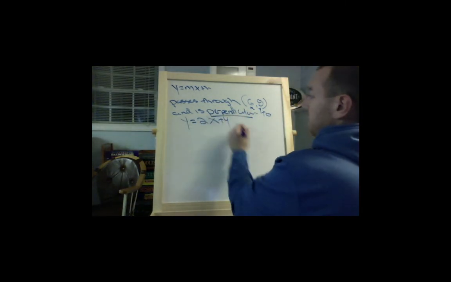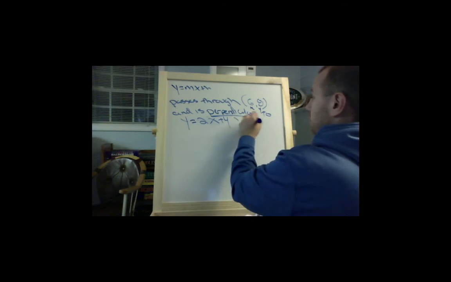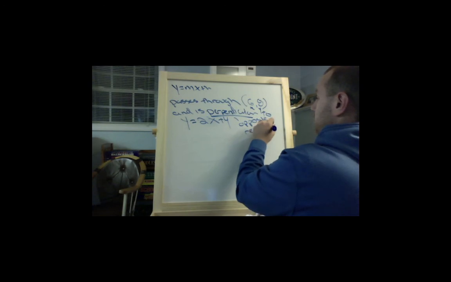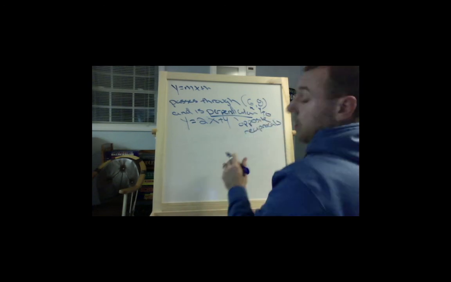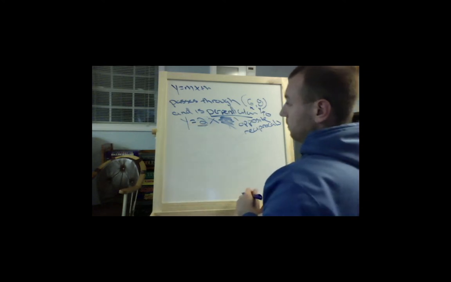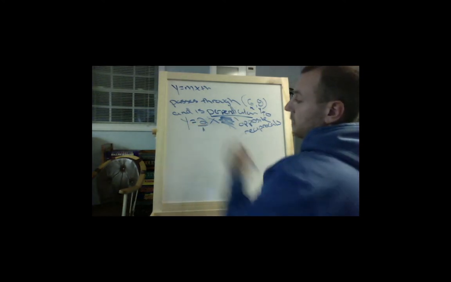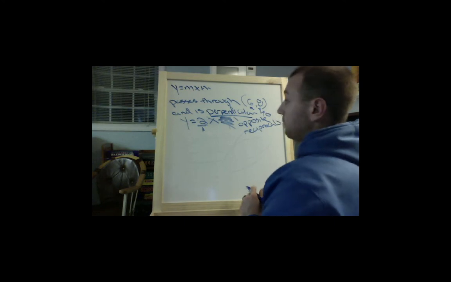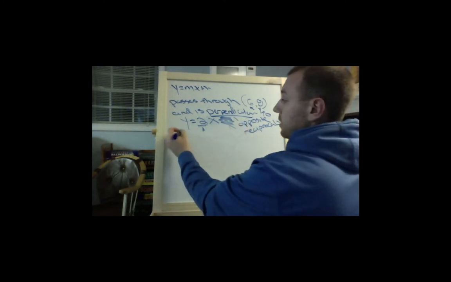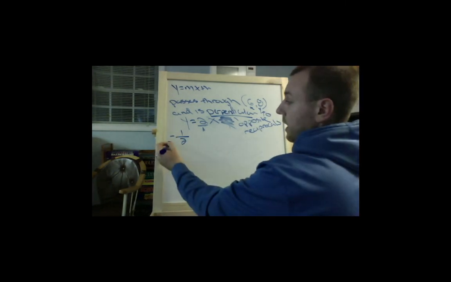Well, perpendicular means opposite reciprocals. Again, I ignore this. I don't care about that b. I only care about this 2. This 2 is really 2 over 1. We usually don't write it. We want the opposite reciprocal of it. So that's going to be 1 over 2, negative. So that's going to be -1/2.